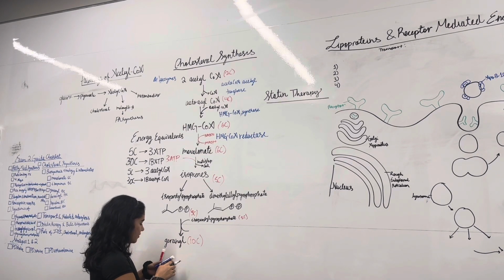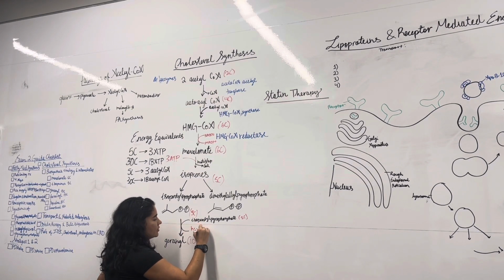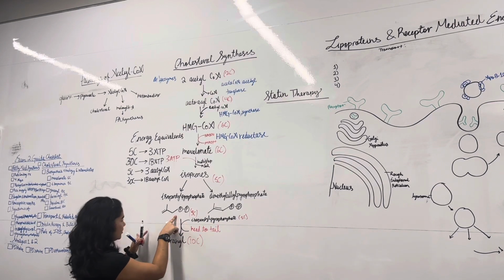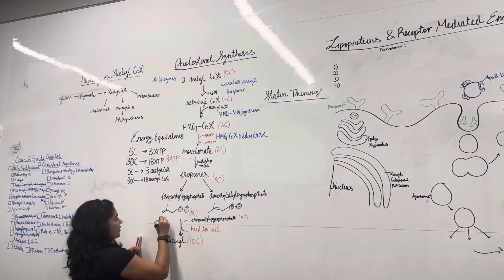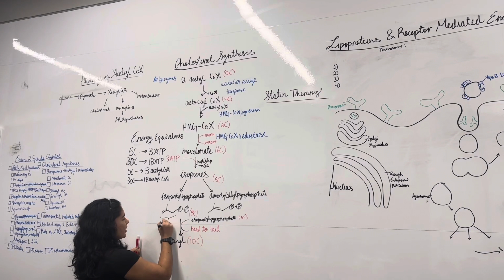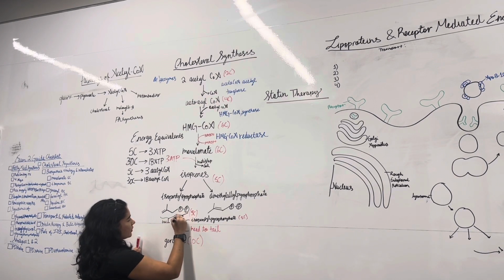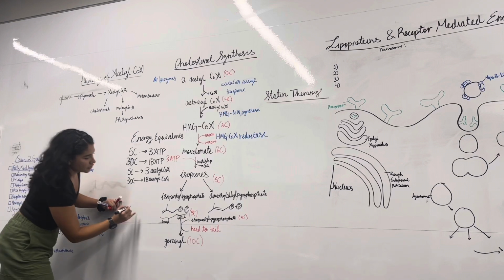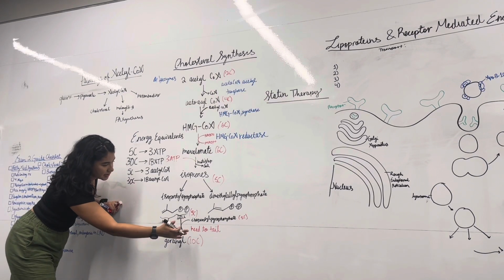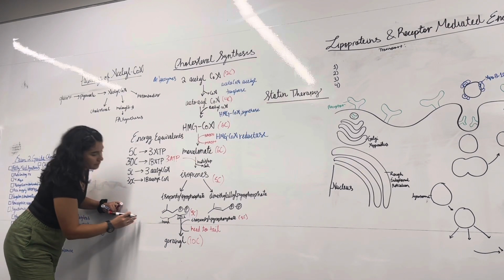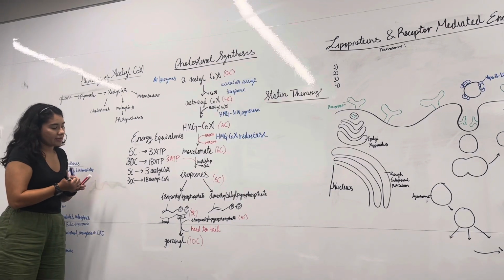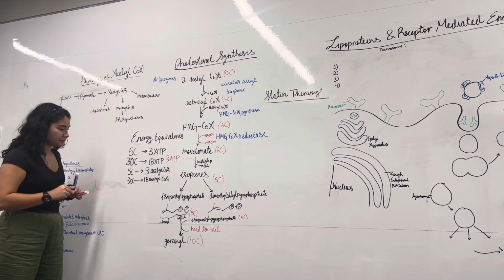And the mechanism or the method is called head to tail. Basically, you're taking 2 of these, and this would be the head and this would be the tail. If you were to add them together, you would add them in a head to tail manner. So that's what it's referring to. It's just the way that they are added, in which side.